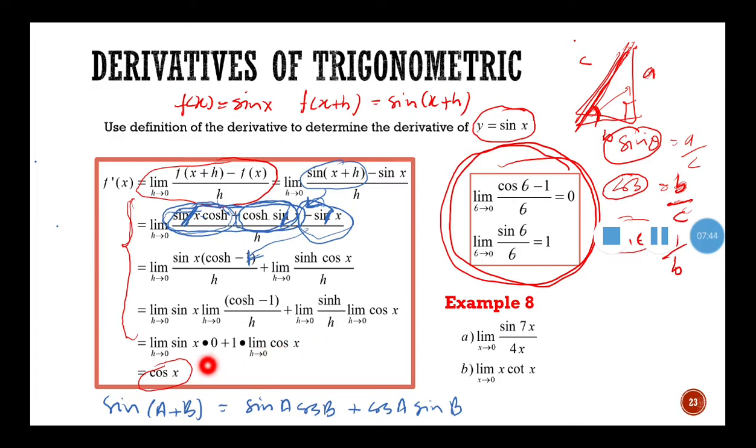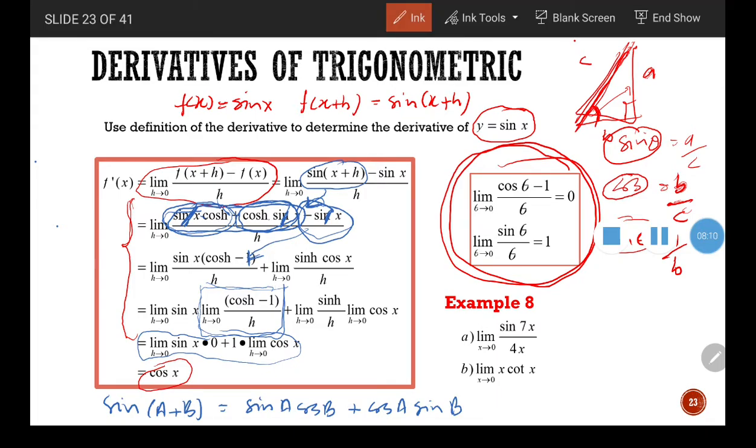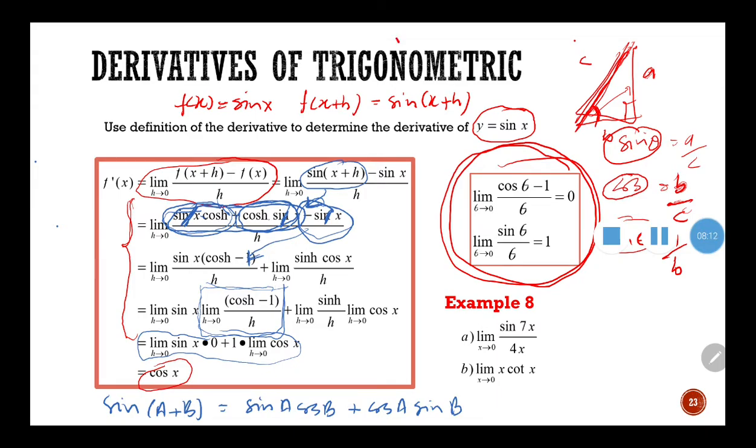So from here we have limit sin x times, how do we get this? Because we actually have an identity or a formula saying that the limit of (cos h minus 1) over h as h approaches 0 is equal to 0.